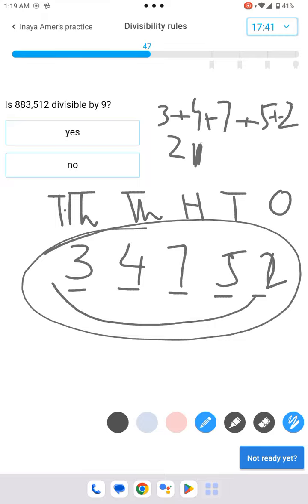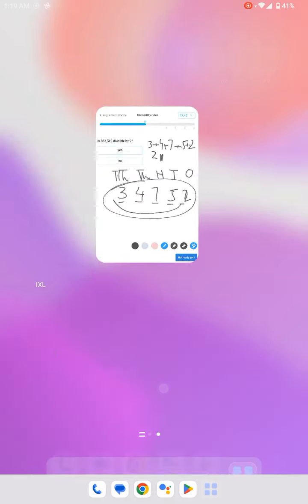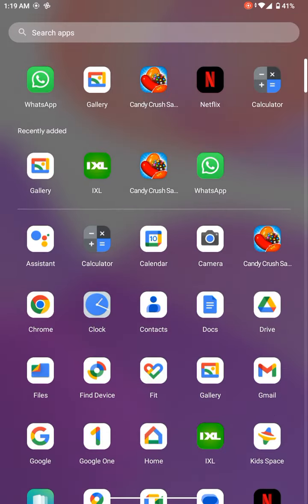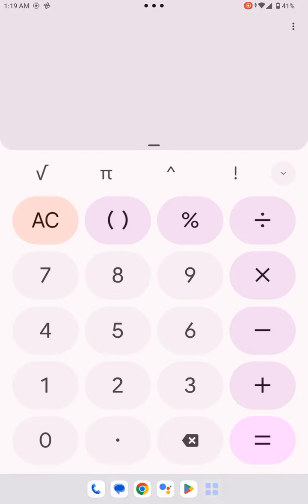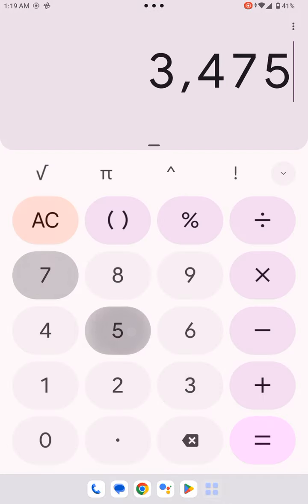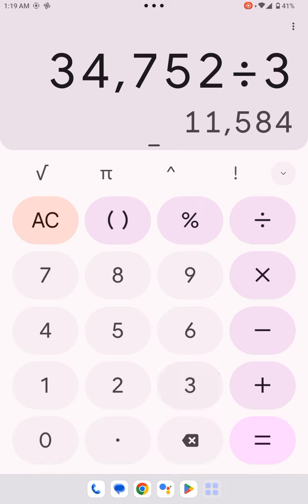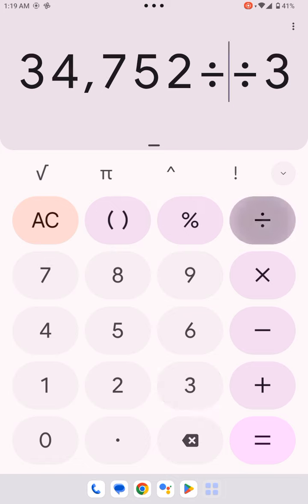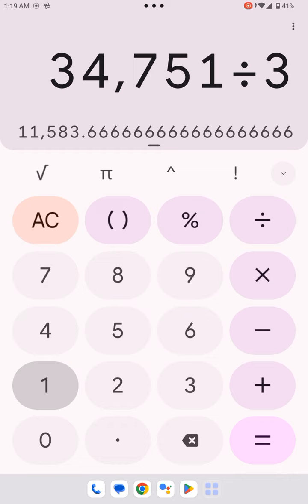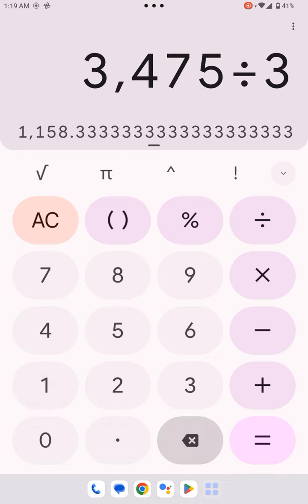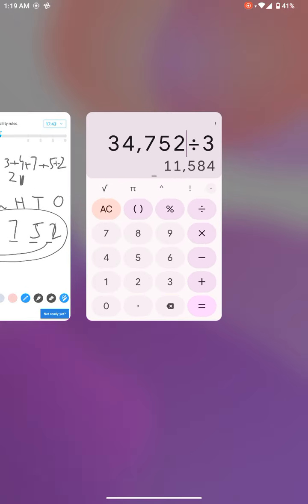You can also check from the calculator. 3 4 7 5 2 divided by 3, you would see there is nothing in the decimal. But if there was 1, then you can see that is not completely divisible. Okay, that is about the divisibility rule of 3.